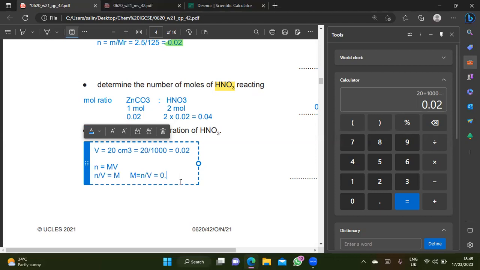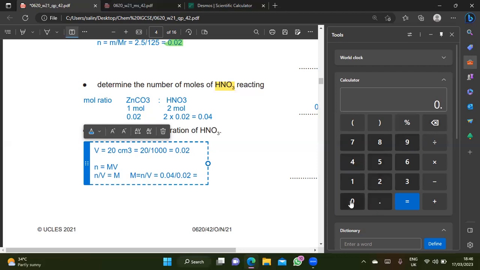So you just directly substitute 0.04. What's the volume in dm cube that I just got there? 0.02. You see, when you got everything here, it's easy for you to check afterward. So that's why I would insist you to simplify your calculation. No harm for you just to work out your volume in dm cube first, and only then put it here, rather than putting everything here as 20 over 1000. You tend to do careless mistakes.